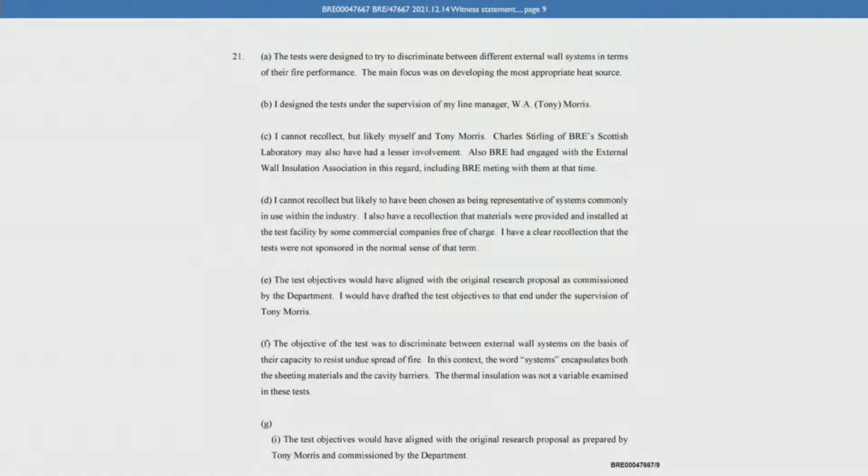Help us, heat source, does that mean the crib? Yes, it will do. And does that accord with your understanding that that was a main focus of his experimental work? I mean, it would obviously be part of what you had to do en route to developing a methodology. And you would have to look at what was relevant in terms of the thermal exposure.